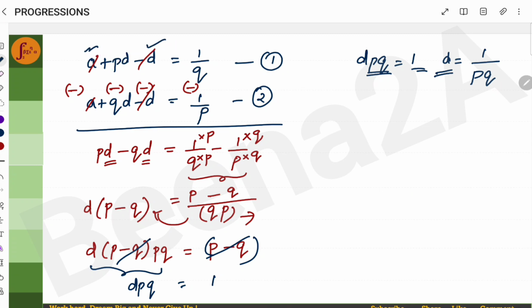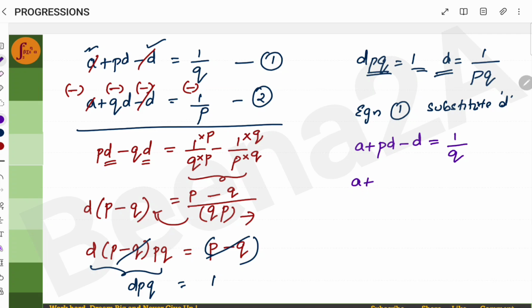So we have found the value of D. Let's find the value of A, right? So we'll take any equation. Let's take equation 1 and substitute D, right? Instead of D, we'll put 1 by PQ. So I'll take this equation, A plus PD minus D is equal to 1 by Q. So A plus P, instead of D, I'll put 1 by PQ, minus 1 by PQ is equal to 1 by Q. So P and P will get cancelled.